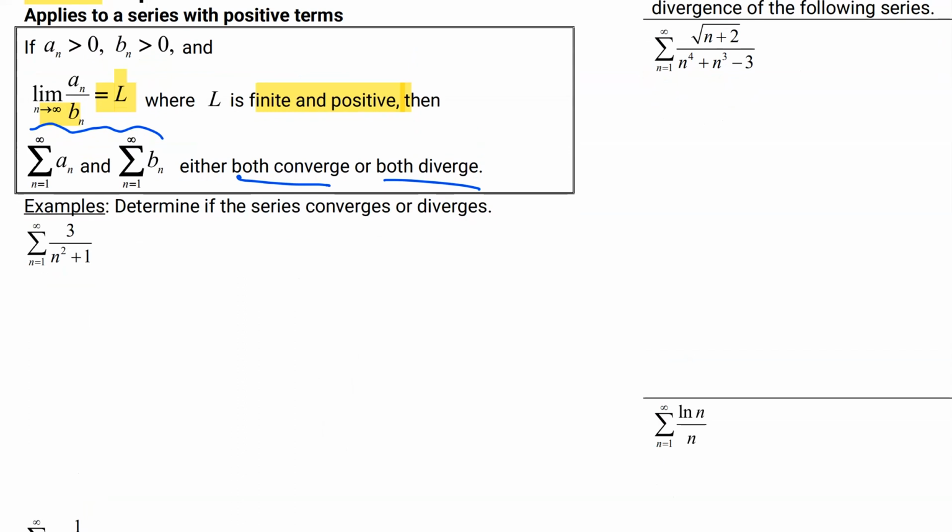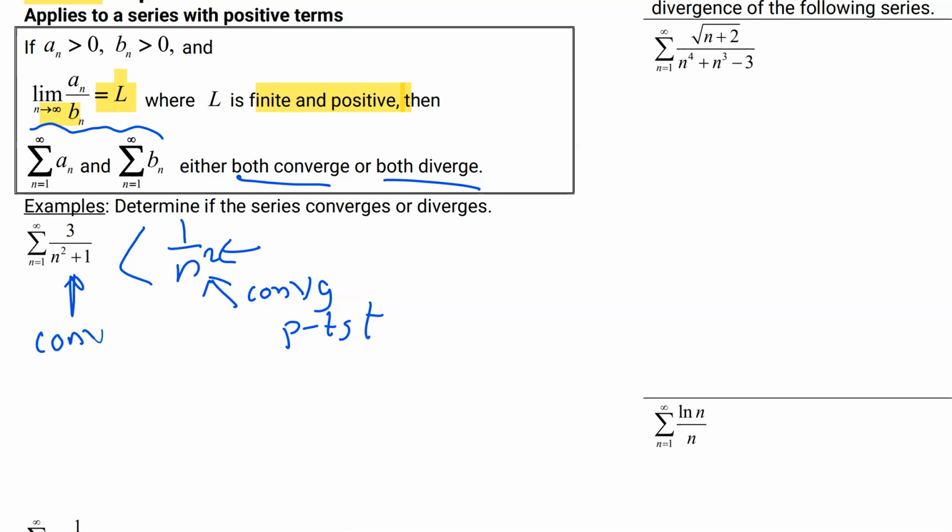Now, this first one here, I'm going to compare it to 1 over n squared, and I think we would agree that 1 over n squared is larger. 1 over n squared converges because of the p-test, right? The power here is greater than 1. Then I could say that this original converges by the old comparison test, right?